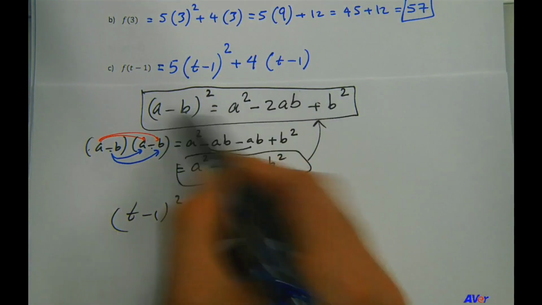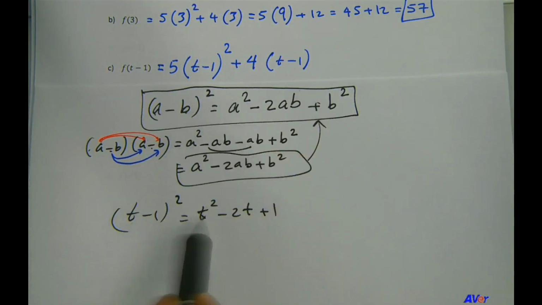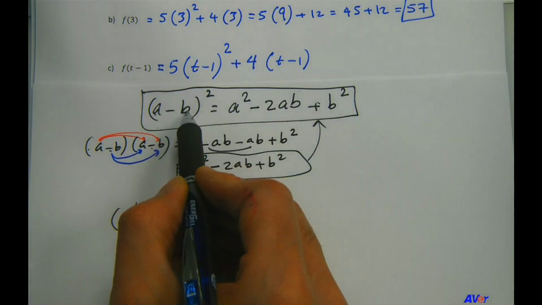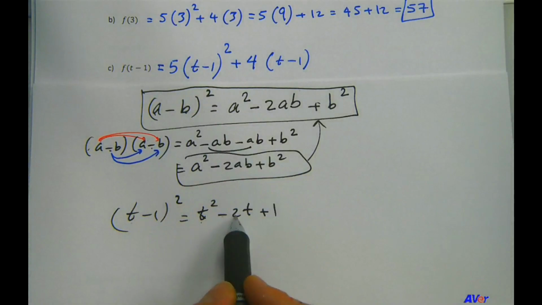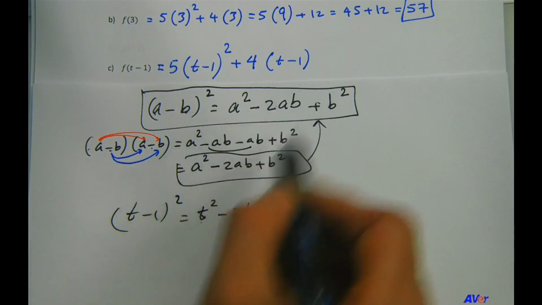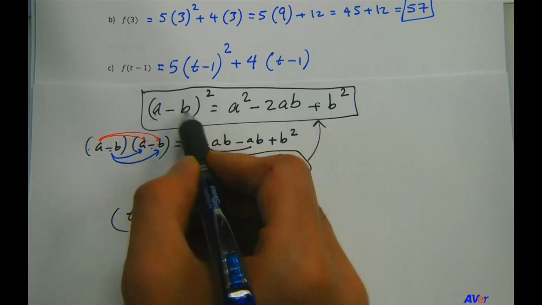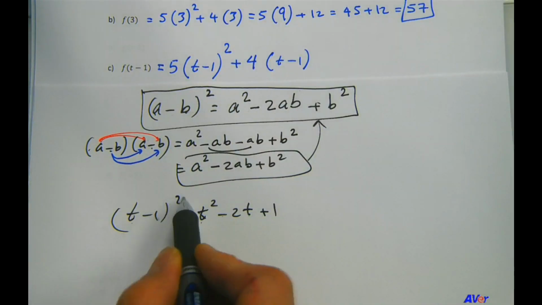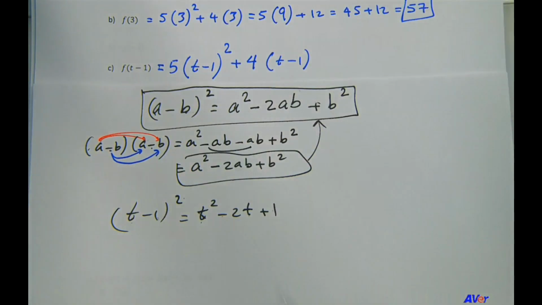The first term squared, t squared, minus twice the first term times the second term, minus twice t times 1, minus 2t, plus the second term squared, plus 1 squared. There you have it. So you have t squared minus 2t plus 1.